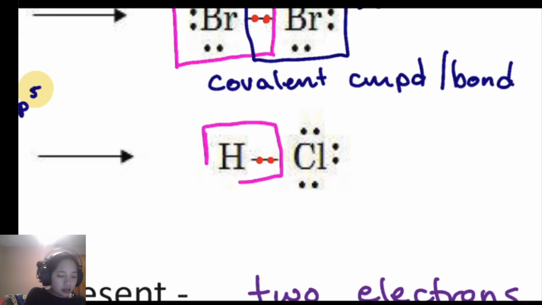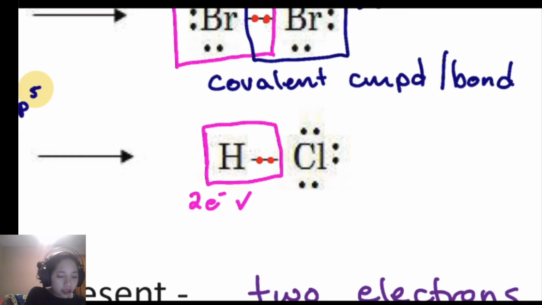For hydrogen, all the electrons involved are the electrons around the atom itself and all the electrons involved in any bonds around that hydrogen. So here there are two electrons, and that's good because hydrogen is one of those exceptions where it doesn't fulfill eight electrons, it only wants a total of two.